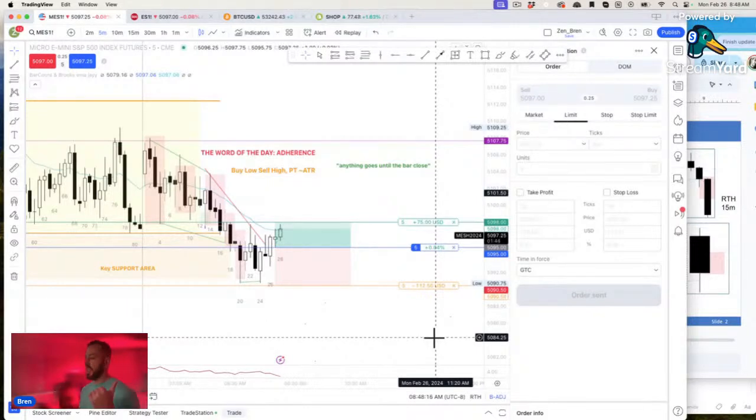We're just gonna chill and wait for this candle to close and see what happens. Hopefully we get that close above the moving average, and we're a couple ticks away. Looks like we'll get there.